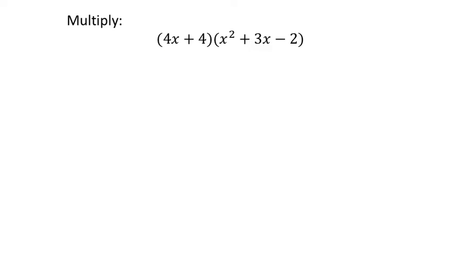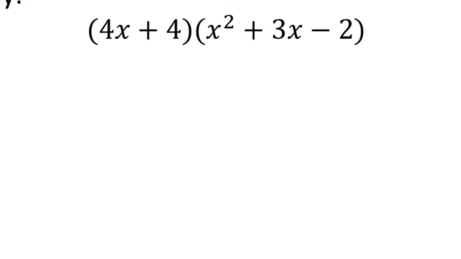Oh, there we go. Now we have a binomial multiplied by a trinomial. Again, this is where FOIL essentially breaks down because we have more than 2 terms in one of the parentheses. Same idea though. We're going to end up with more terms in the end, but I'm going to take my 4x and multiply it by that second set of parentheses.